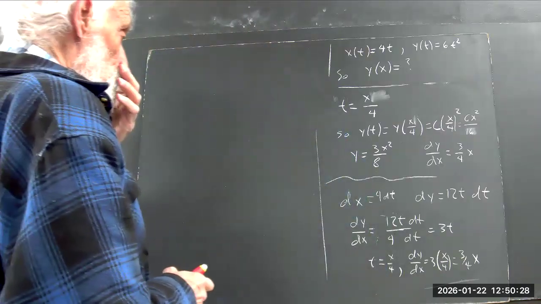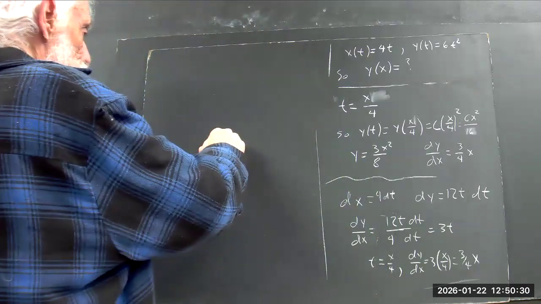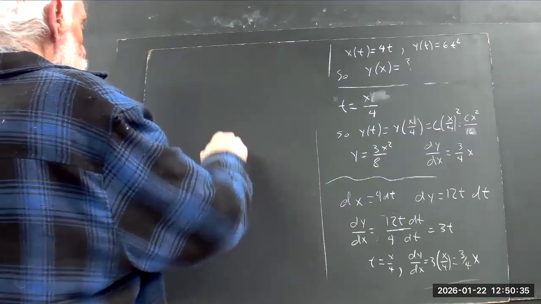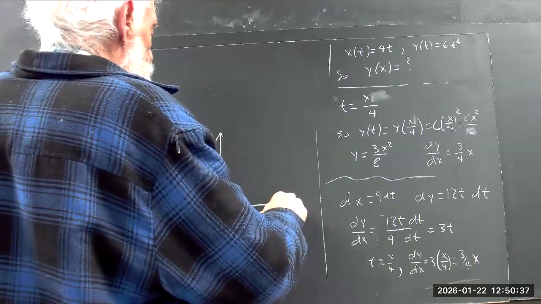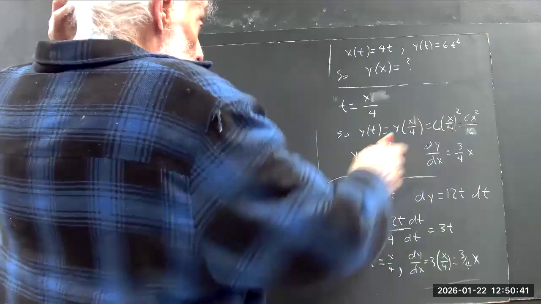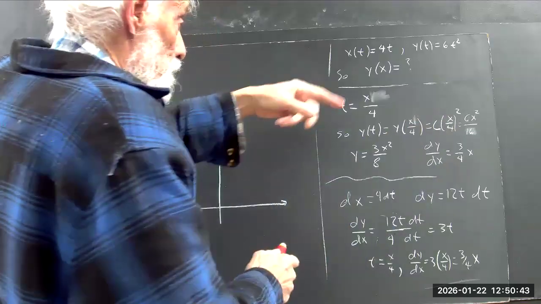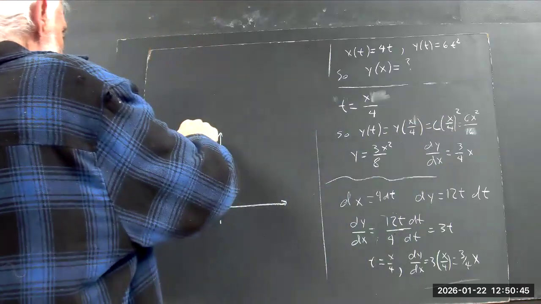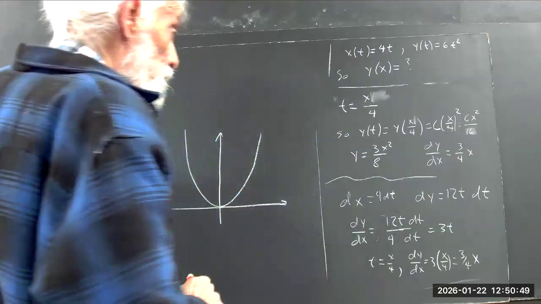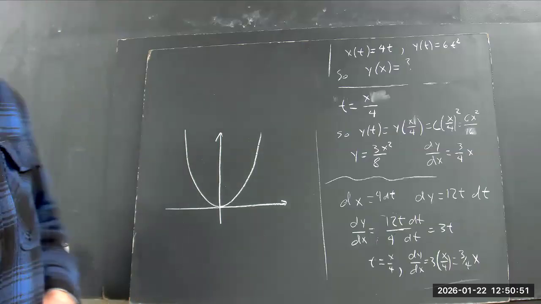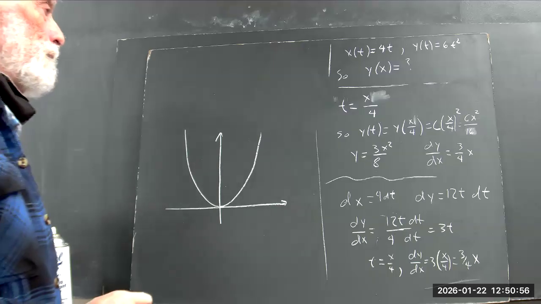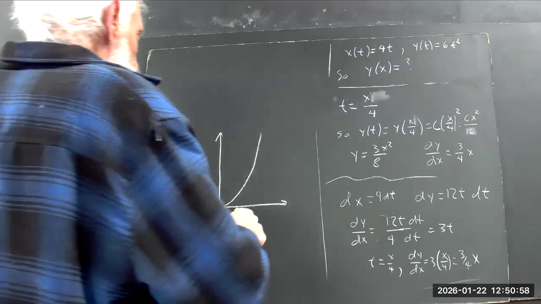More that you can say about this. First of all, a graph of y versus x is just going to be a parabola. Parabola 6x squared over 16, which kind of looks like this. Okay. And if you want to put a scale on it, if x equals 4, y equals 6.